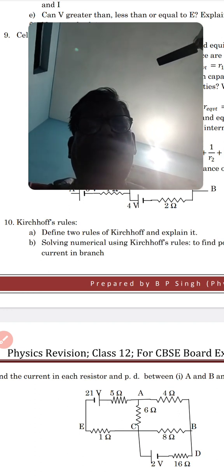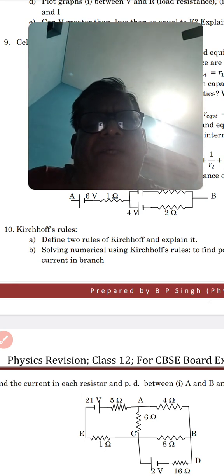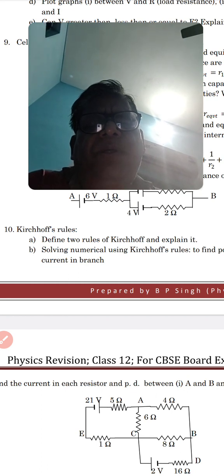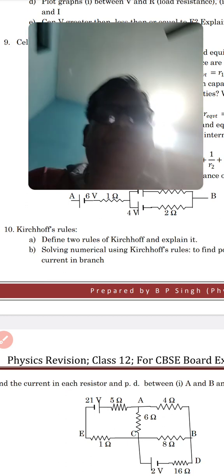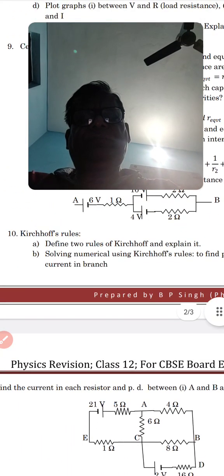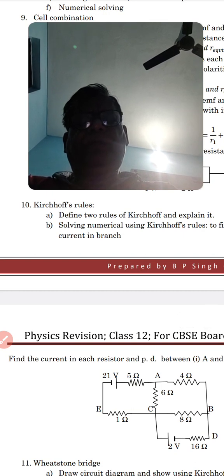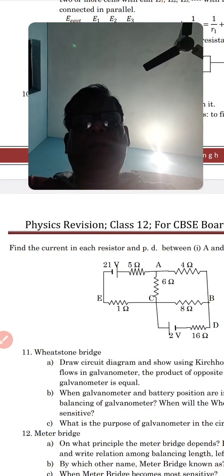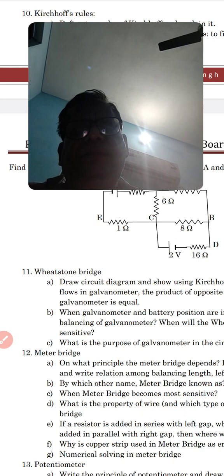That is, the algebraic sum of currents entering the junction equals the algebraic sum of currents leaving it, and in a closed loop the sum of voltage rises and voltage drops equals 0. Numericals may be asked on these Kirchhoff's rules.